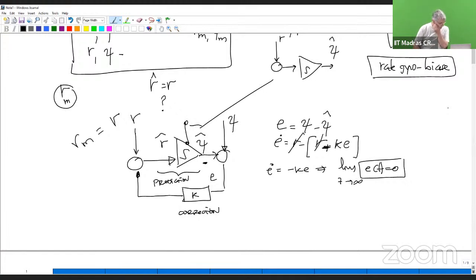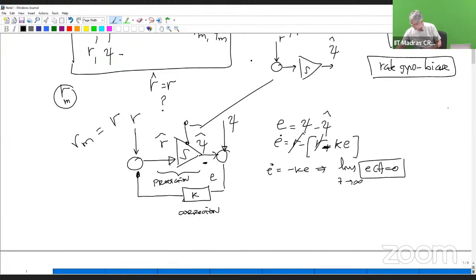So you can be certain that by using this scheme, asymptotically the error between psi and psi hat goes to 0. Even if you started off on the wrong foot without the proper initial condition or something, the error will go to 0. Actually, the estimate will go to psi.